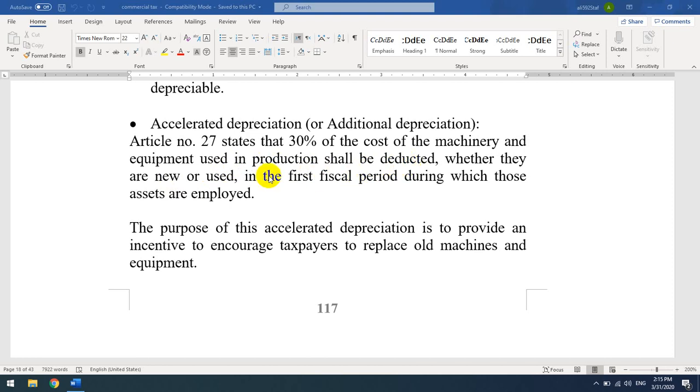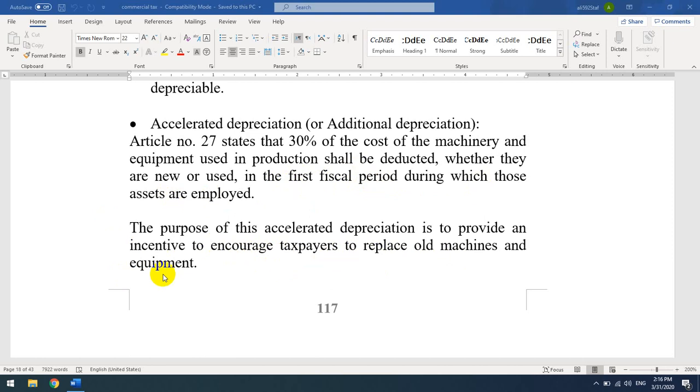This is what we call accelerated depreciation or additional depreciation in the first fiscal period during which these assets are employed. This is an incentive to encourage taxpayers to replace all the machines and equipment.